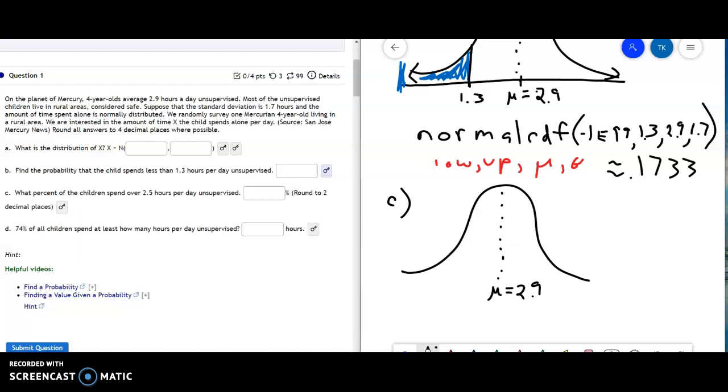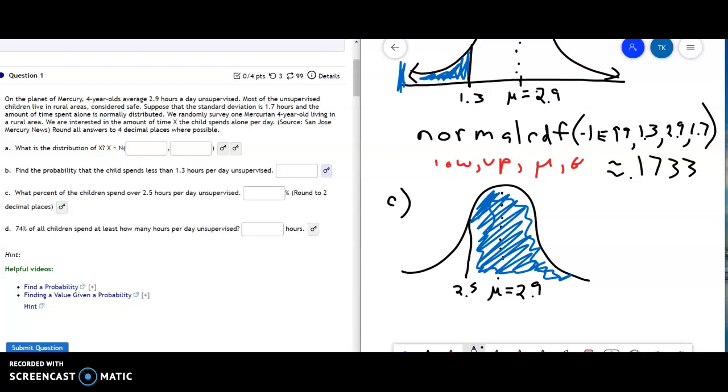Well, we know 2.5 is going to have to be over to the left because that's smaller than 2.9. And if we want to shade in the area of more than 2.5, we're looking at this area. That's a pretty large area. We know it's more than half the curve, so we know it's going to be more than 0.5.